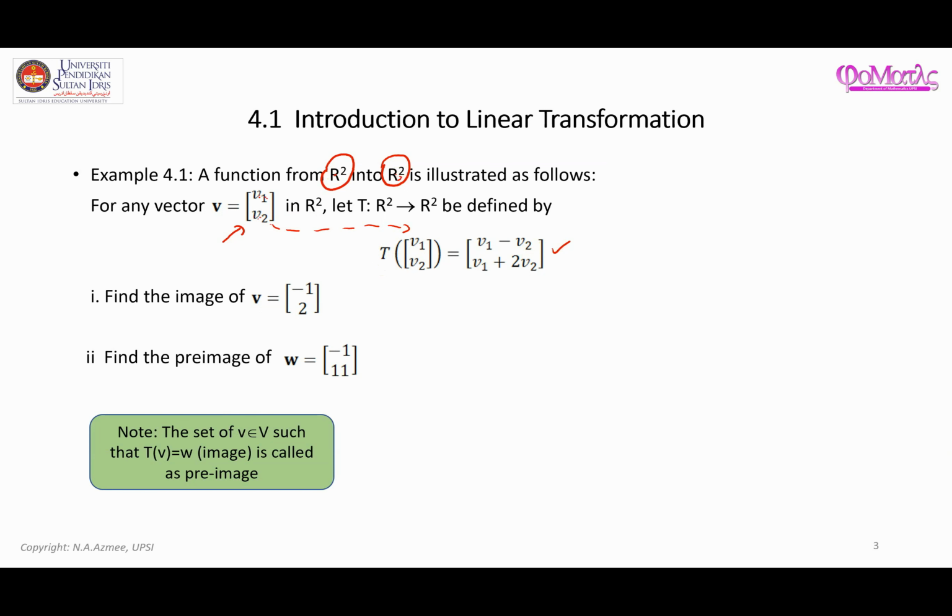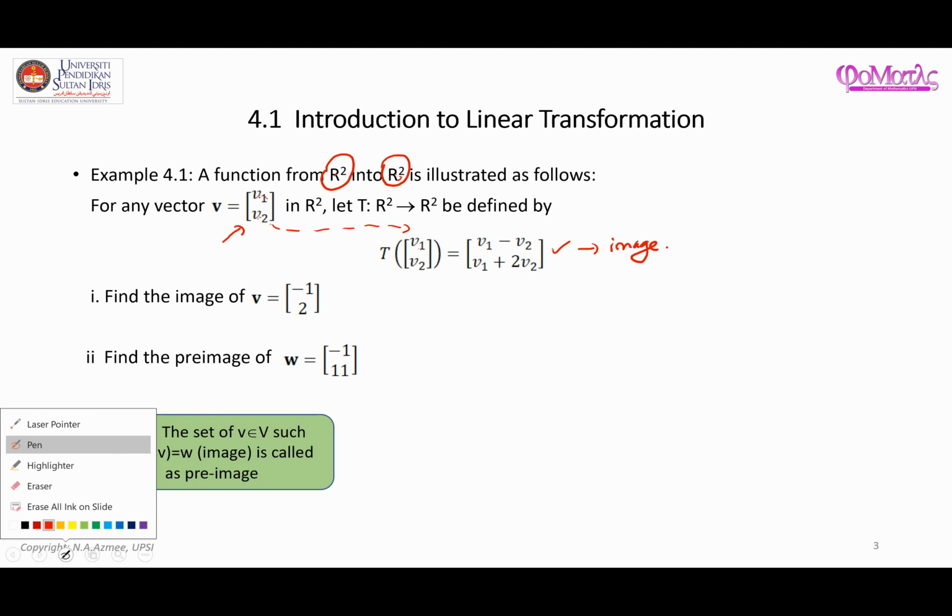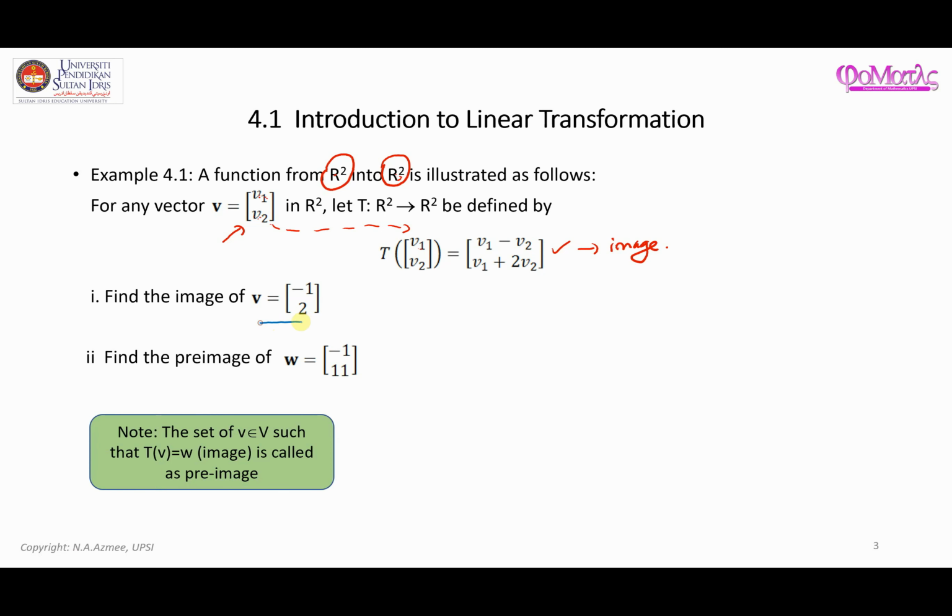defined as such. For the first position, it is V1 minus V2. At the second component, it is V1 plus 2 times V2. Of course, this result is known as the image. As a simple example, let us consider finding the image of this given vector. We supply this vector into the function.